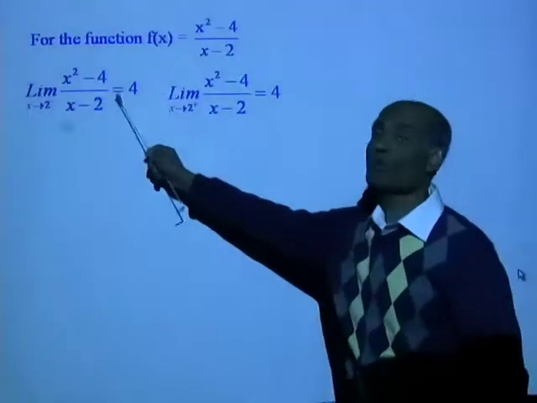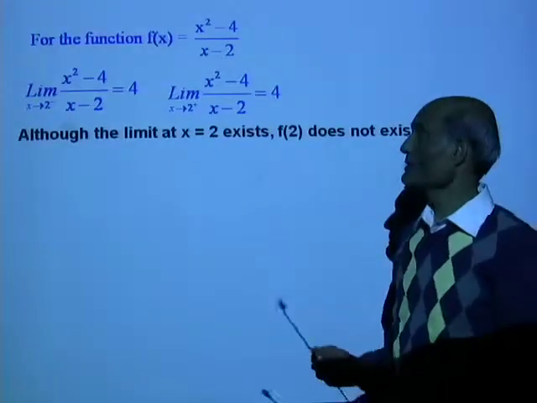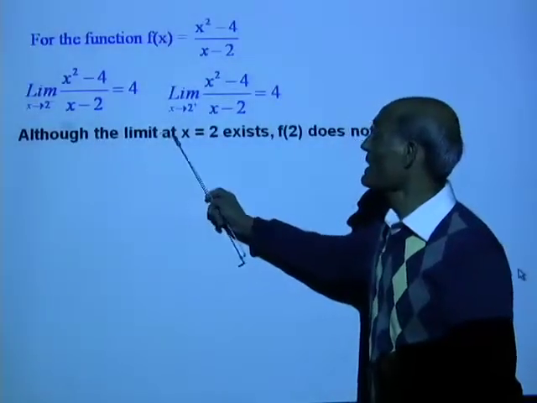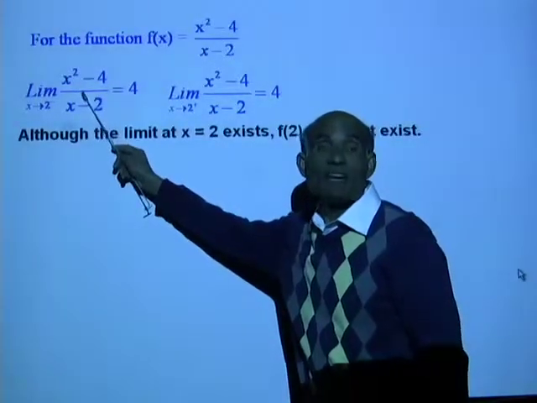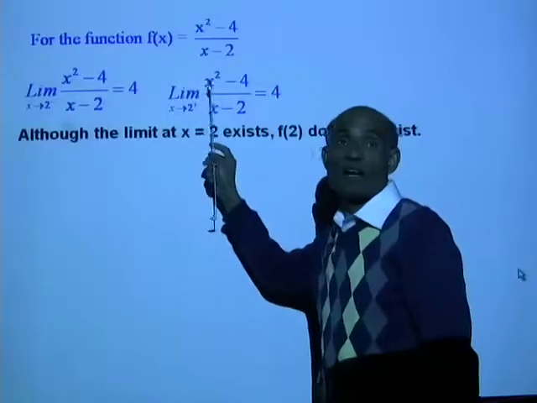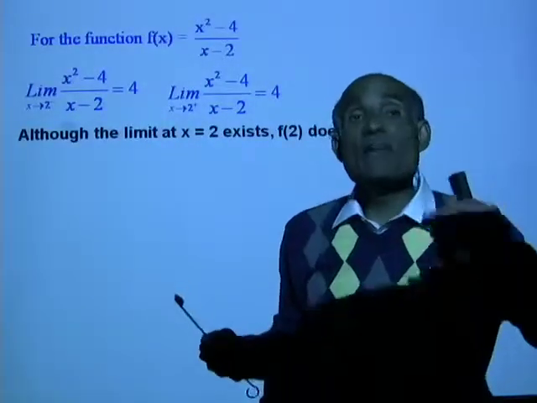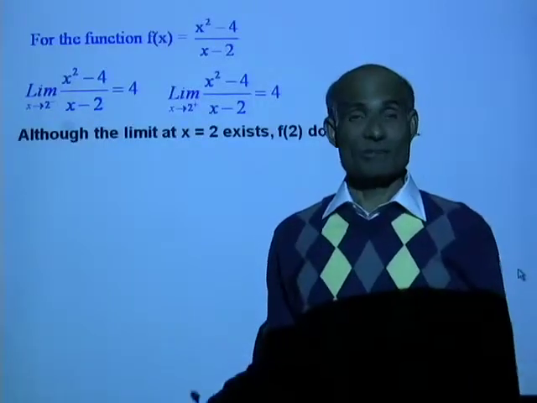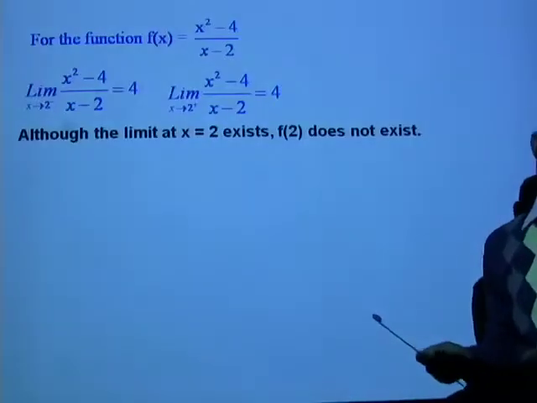Alright, we have seen all this. Let's use that to make our general statement. Now, although the limit at x equal to 2 exists, as x gets closer and closer to 2 from the left and the right are both the same. Therefore, we say the limit exists. Well, but what is the value of f of 2?